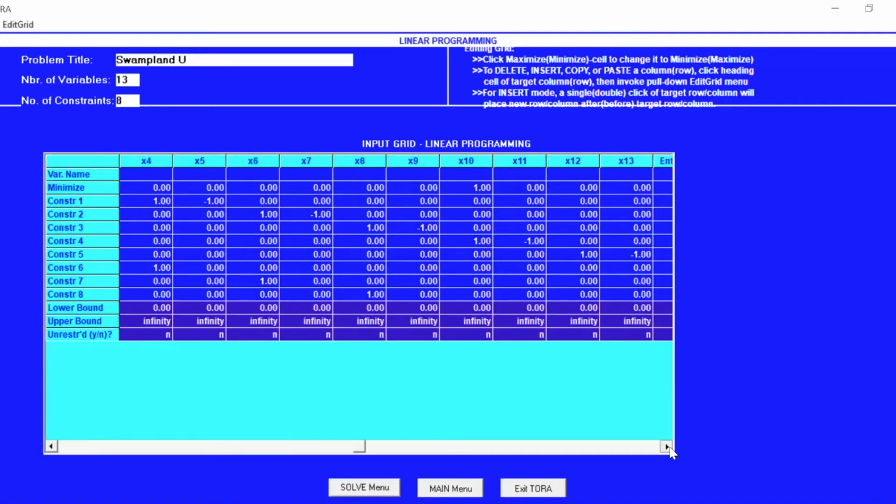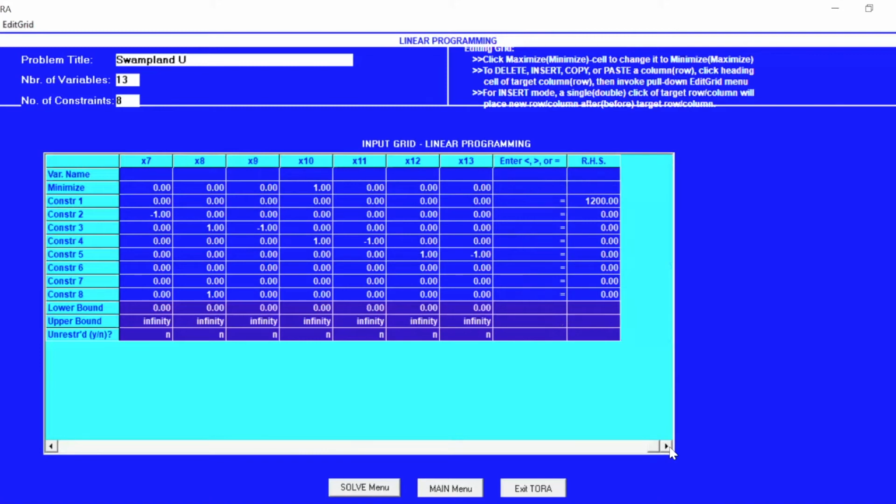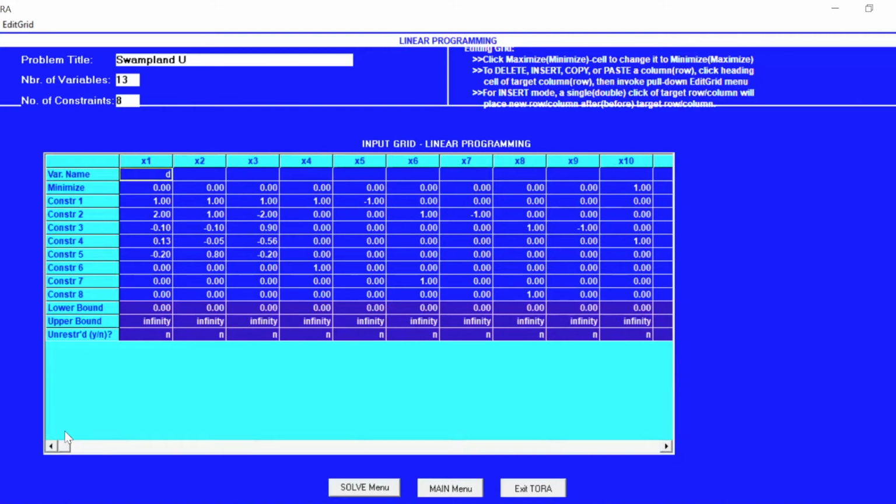And again, the first 5 constraints are the same, and we are adding 6, 7, and 8 equal to 0 respectively for D sub 1 negative, D sub 2 negative, and D sub 3 negative, which are x4, x6, and x8 in this case.